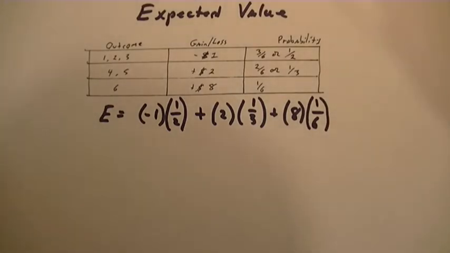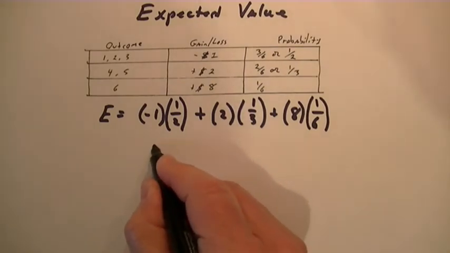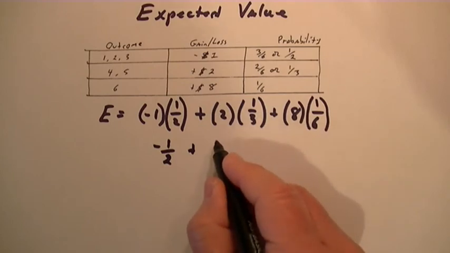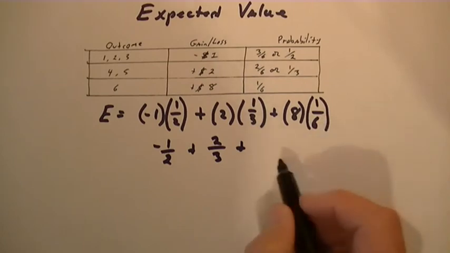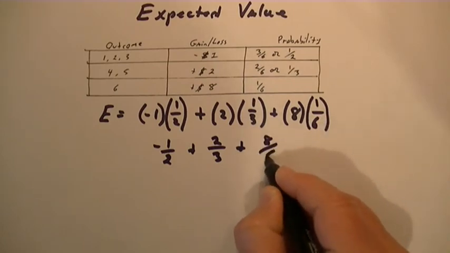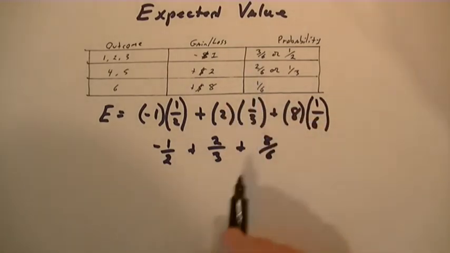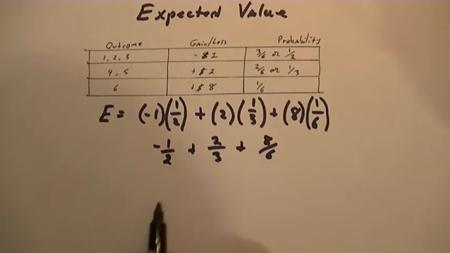So basically we can do each of these calculations, and we'll add them up. And this is -1/2 plus 2/3 plus 8/6. And I probably should have just left my fractions unsimplified. I would have made this a little easier. So now I'm going to put these all over a common denominator.